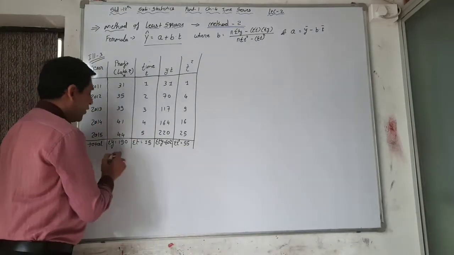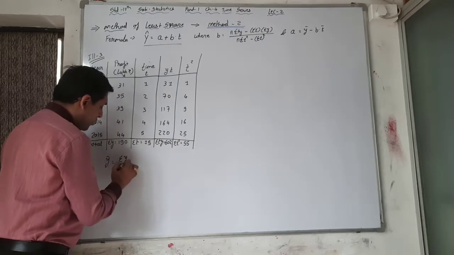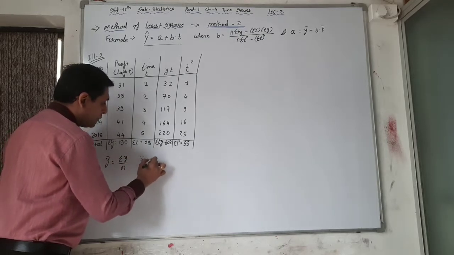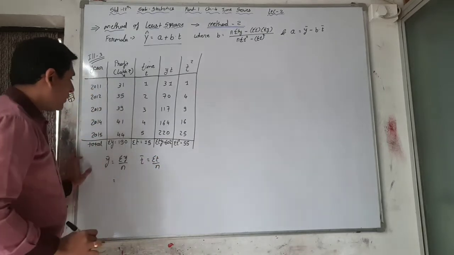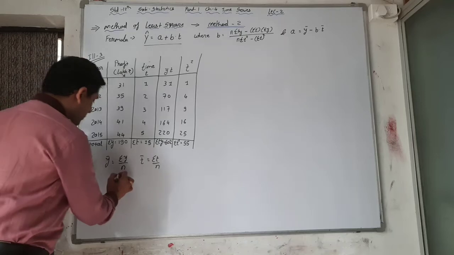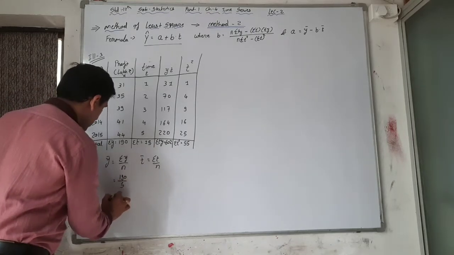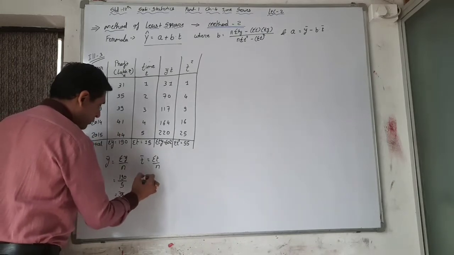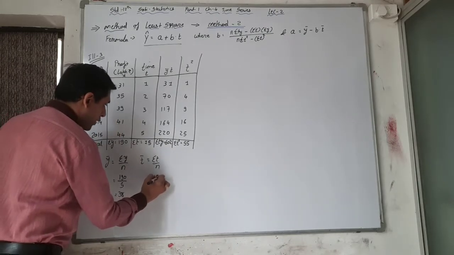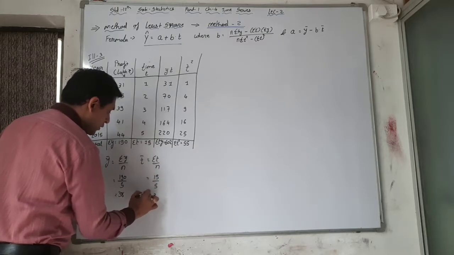Now first of all we have to find y bar, sigma y upon n, and t bar, that is sigma t upon n. What is y bar? 190 upon 5, that is 38. And 15 upon 5, that is 3.